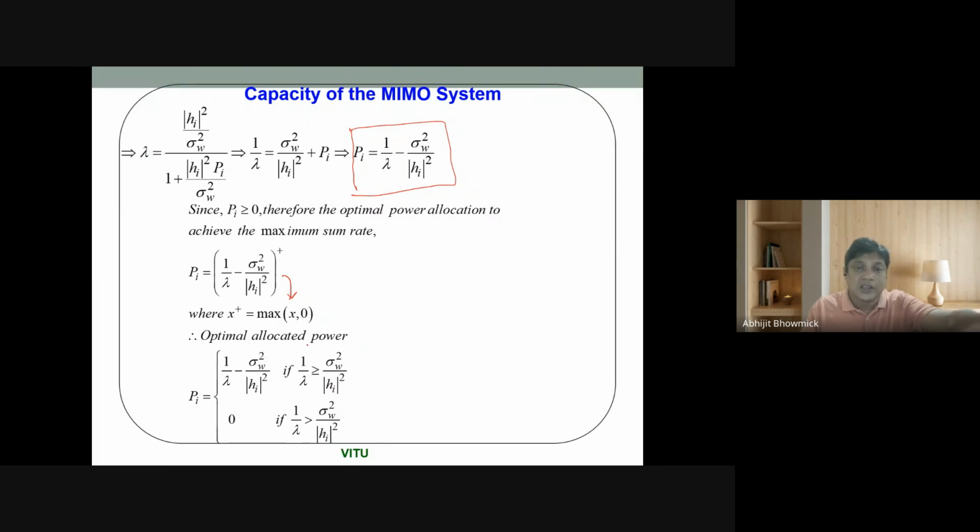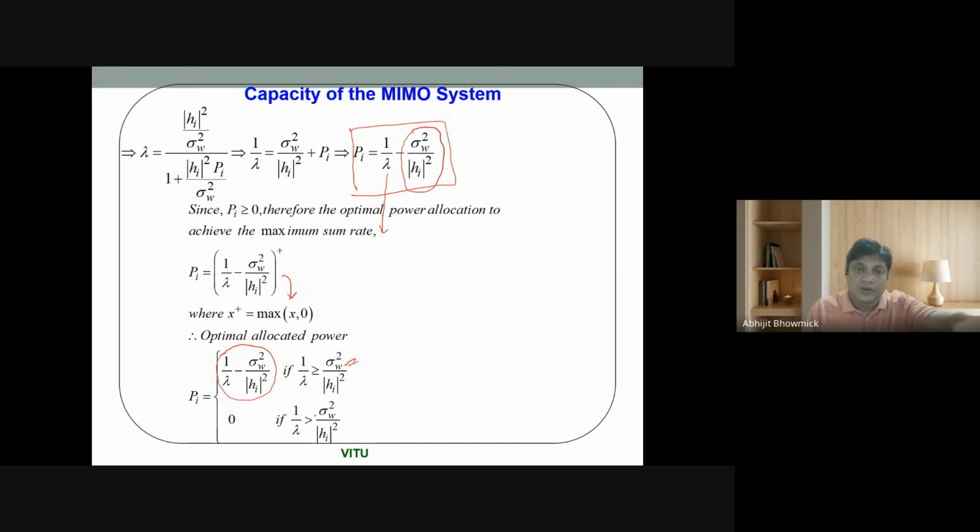Now here see, if 1 by lambda is greater than this, basically this much power the ith user requires, and the ith user has this much power. If the requirement is higher than what the user has, then okay, fine, this much amount of power will be allocated to the ith user.